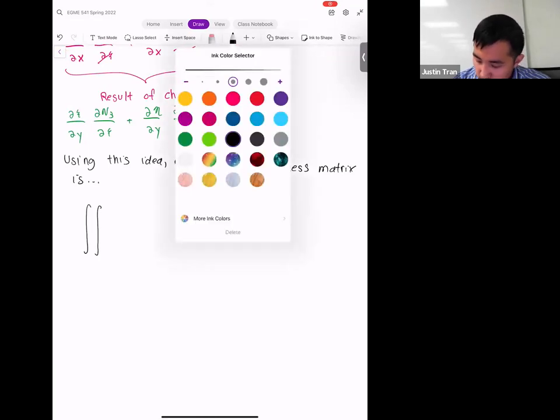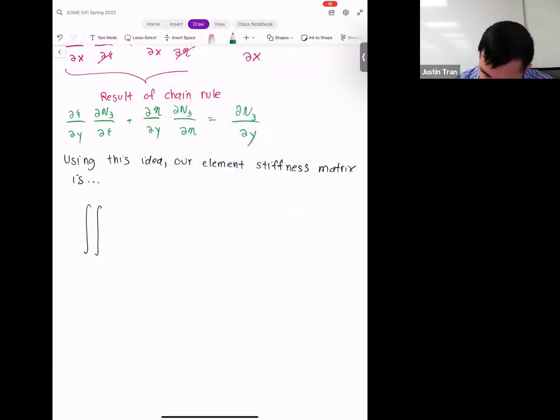First, I'm just going to color code this. First, what we're going to have is the transpose expression of what we have above.